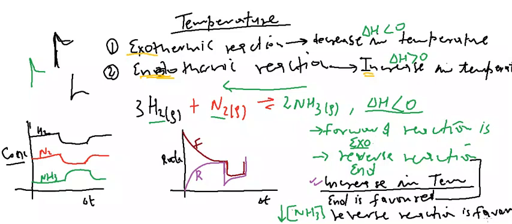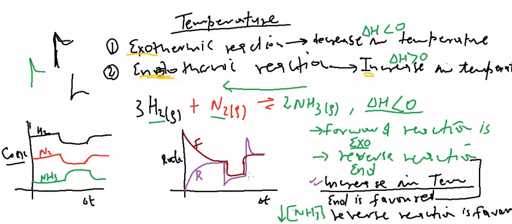Reverse reaction is favored, therefore the reverse reaction will increase more than the forward reaction. The forward reaction also increases, but then it reaches a new equilibrium.